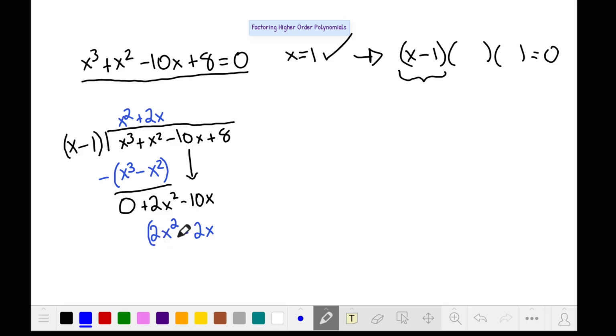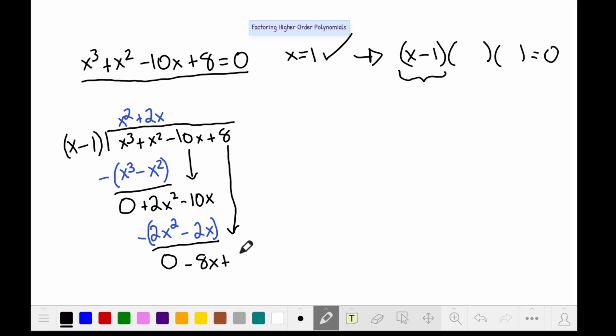So I throw down the brackets, and then I subtract. 2x squared minus 2x squared, well, that gives us a 0. Negative 10x minus 2x. Well, the minus turns into a positive, so I've got minus 10x plus 2x, which gives me minus 8x.